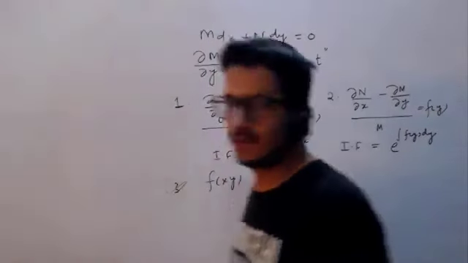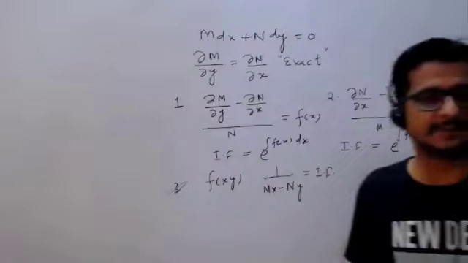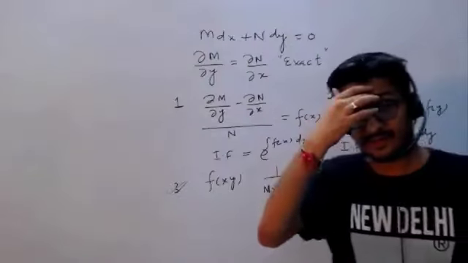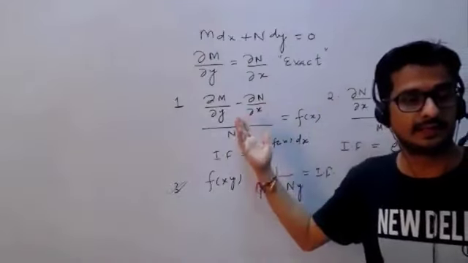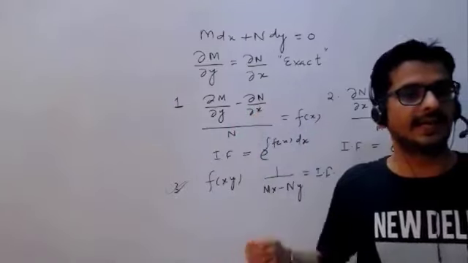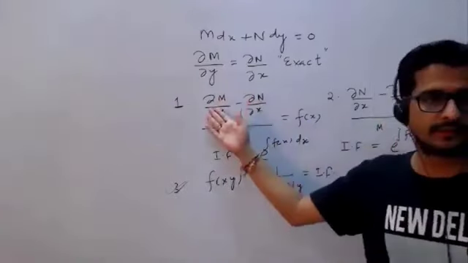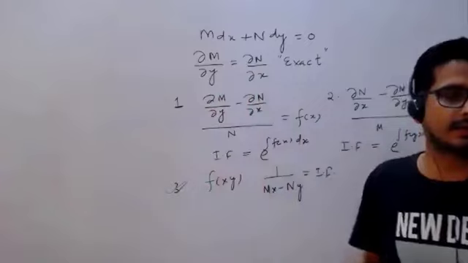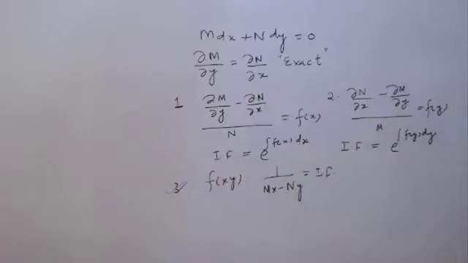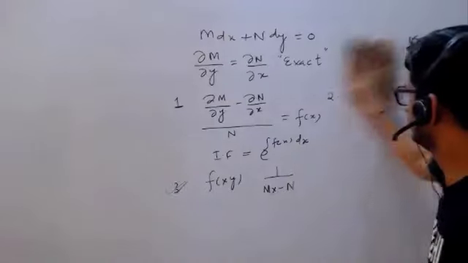So what will be the steps involved? You have to check first of all whether it is exact. If not exact, whether it follows the first one, the second one, or the third one. Whichever it qualifies for, you will have to see that, and then finally you will have to solve it.